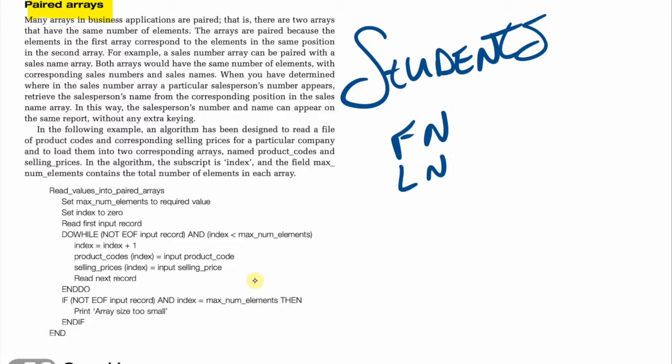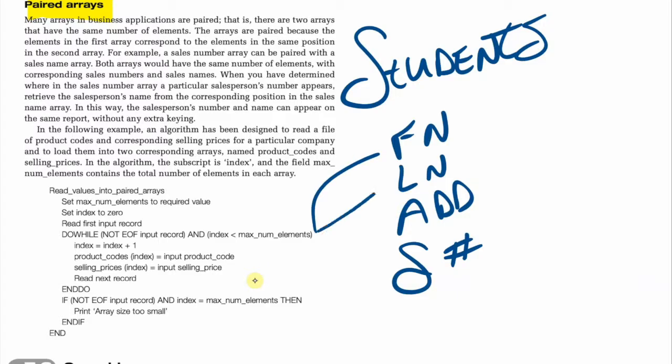You're all going to have LN for last name. You're all going to have ADD for address. You're all going to have S numbers for your S numbers. And when we read the data elements out, we're going to read each of those data elements out into a discrete array. So your first names are going to be read into a first name array.